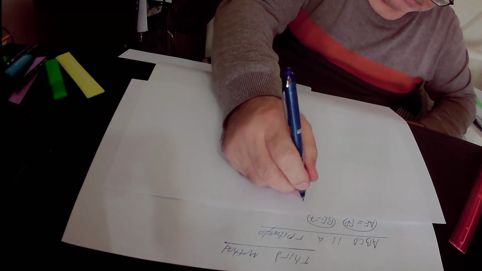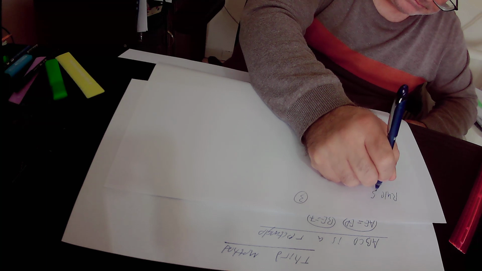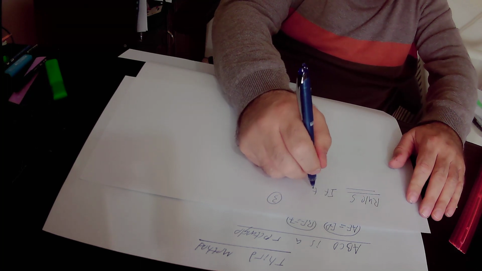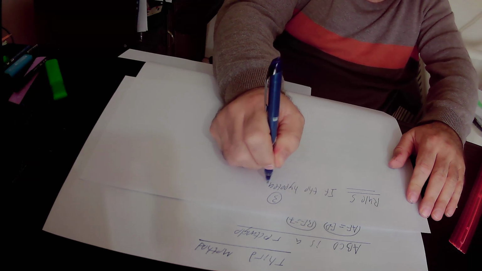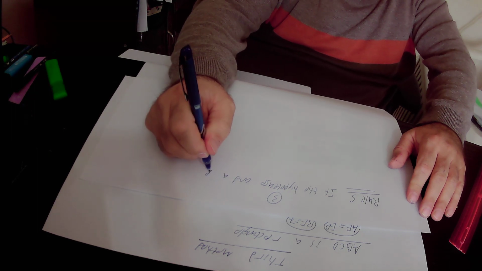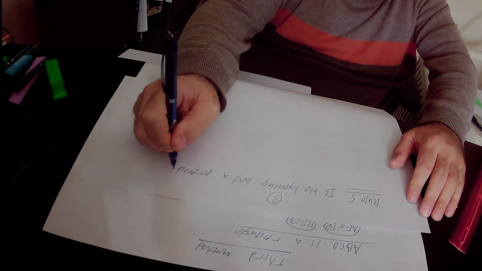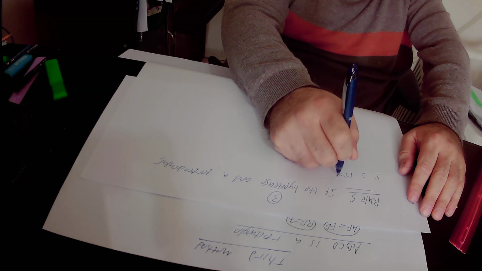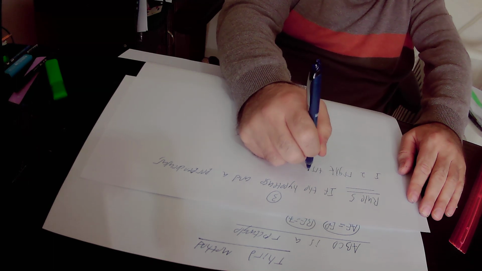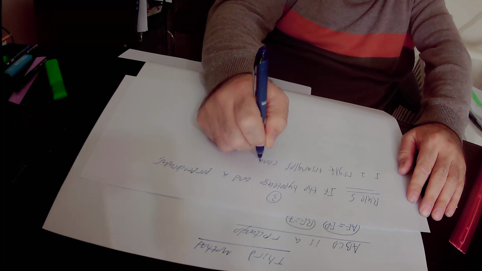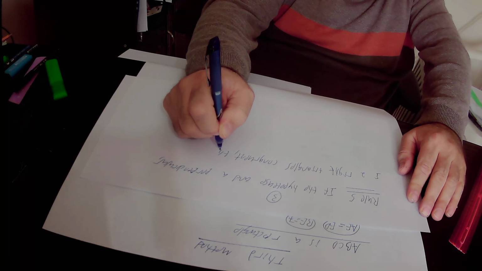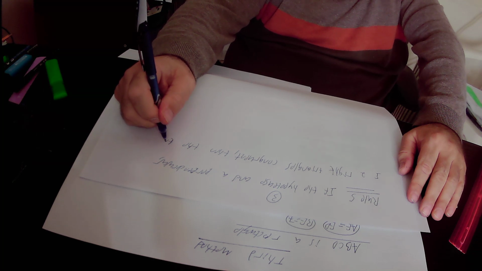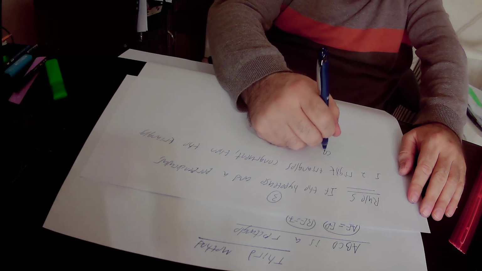Rule number 5 states that if the hypotenuse and a perpendicular in two right triangles are congruent, then the triangles are congruent to each other.